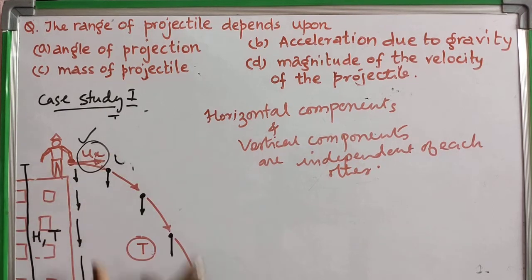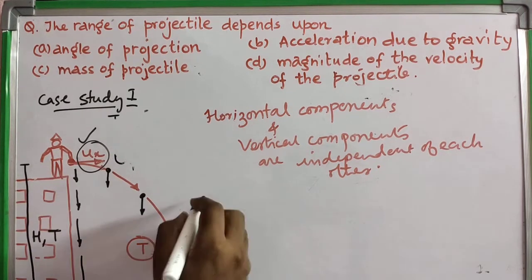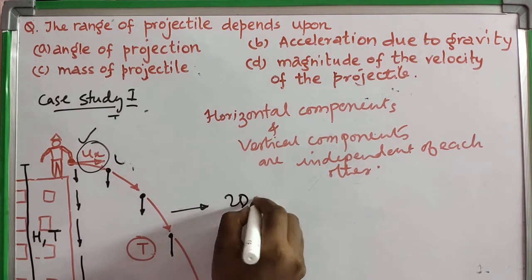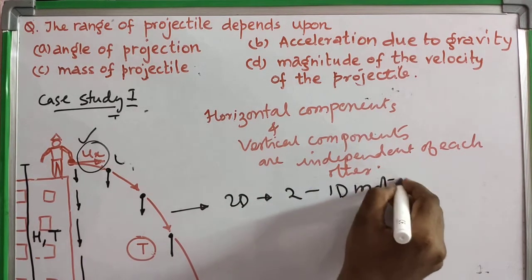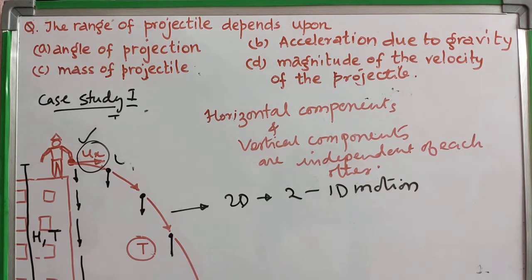See, it is moving in the x-y plane. This two-dimensional motion you can consider as two one-dimensional motions. So do the analysis of whichever one dimension is required in the question. That is enough. I hope you have understood.